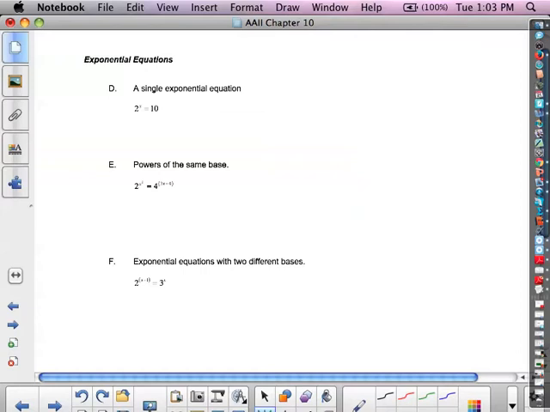Now, when I want to solve an exponential equation, something like 2 raised to the x equals 10, what I would normally do is try to get like bases, but I can't do that with a 2 as a base equal to 10. So I'm going to take the log of both sides. So log base 10 of 2 to the x is equal to log base 10 of 10. When I use the power rule, I can bring the x down, so I have x times log base 10 of 2 is equal to log base 10 of 10, which is 1.